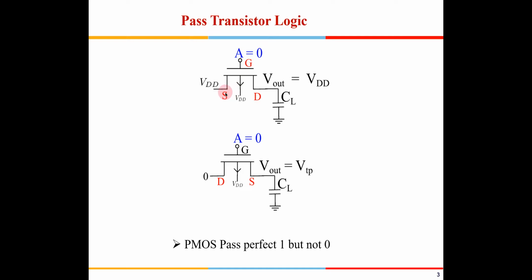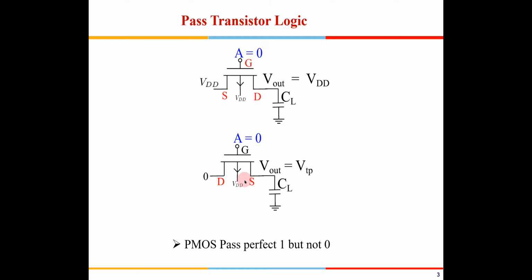So that's why this becomes the source here. Now irrespective of the voltage out here, VSG is VDD, which is greater than the threshold voltage, and hence this continues to charge this output voltage till it reaches VDD. So this can pass a 1 without any issues. The entire voltage will be available.